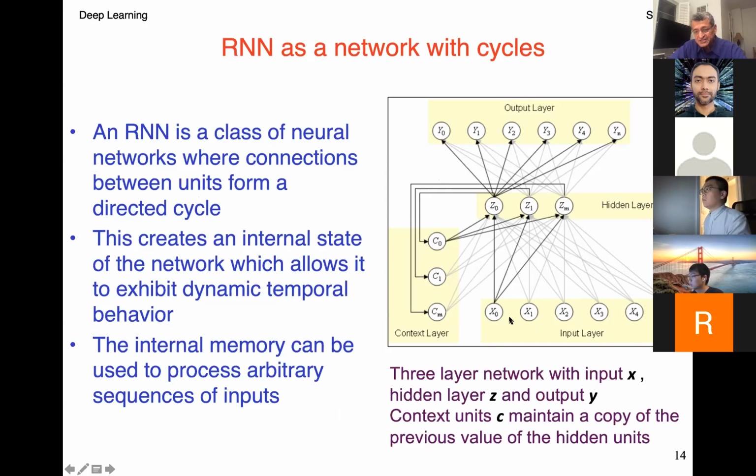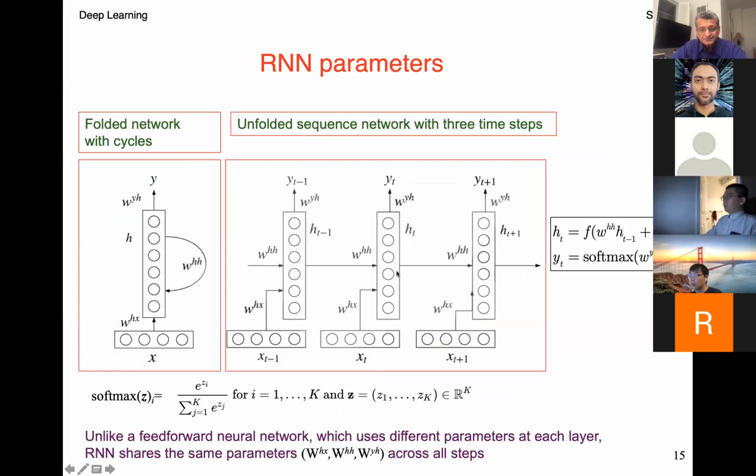Temporal means a time sequence type of behavior, where each step is remembering what was in the previous time step, the C naught coming back here, and so on. An internal memory can be used to process arbitrary sequences of inputs. These diagrams are all from different sources, but they tell a continuing story.